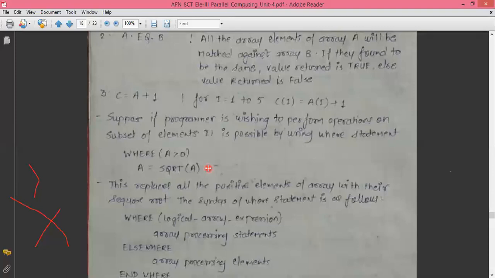In Fortran parallel programming language, we simply mention sqrt followed by a. If it is an array, the square root of all the elements will be identified and stored in the array a.